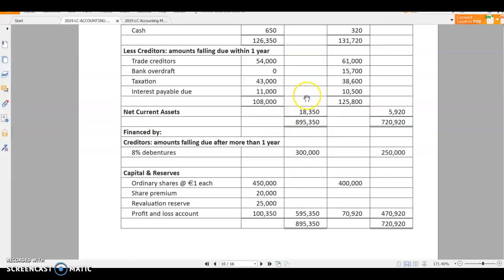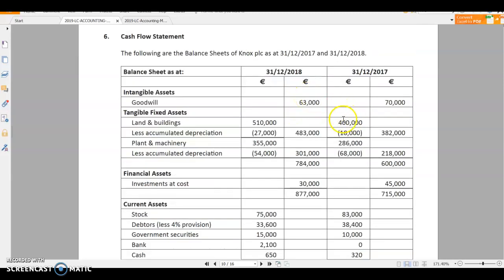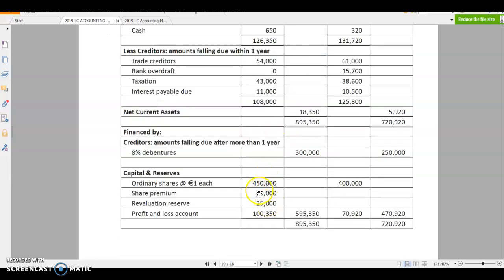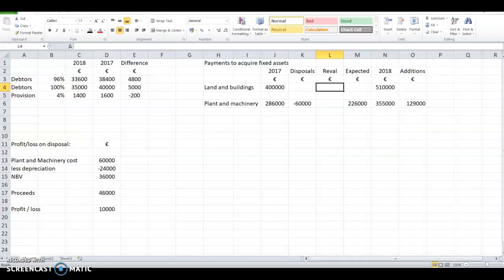So last year's 400 grand, I would expect that to go up to 425 because I've revalued the land and I obviously increased its value by 25 if that's what went into the revaluation reserve. So I would expect land and buildings to be 25,000 higher. So what I might expect this year is 425.